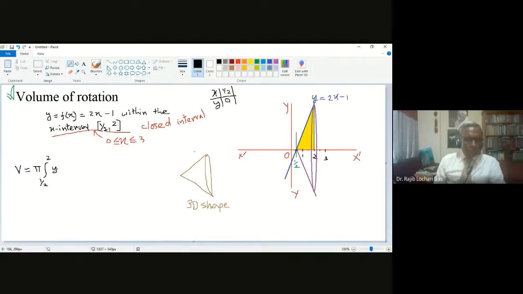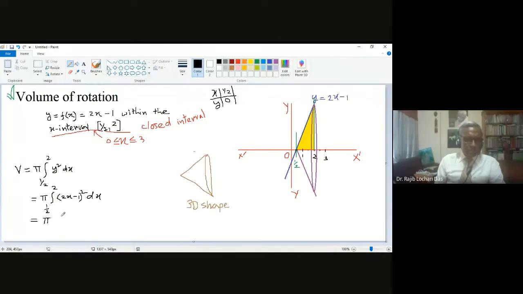This is the formula, y square dx. So what is the y value? Our y value is 2x minus 1. So you can write it like half to 2, 2x minus 1, then whole square, because it is y square, dx. So you know how to solve this problem.